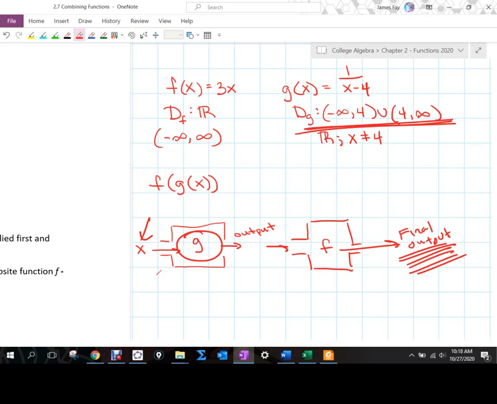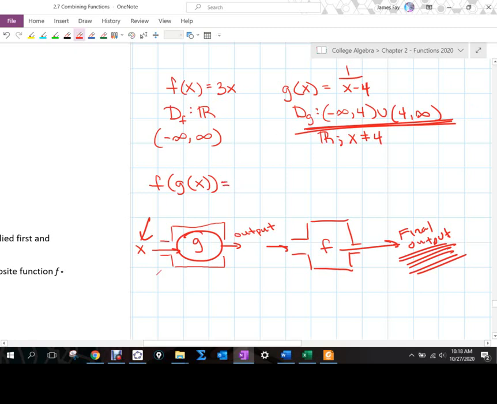Does that make sense for everybody? So right now, before I do anything, I know my domain for this final function is at least what I've got underlined there. Okay? Now, when we construct the final function, if there's division or anything like that, or roots involved, we might generate something that needs to be kicked out. But this is the start, okay?